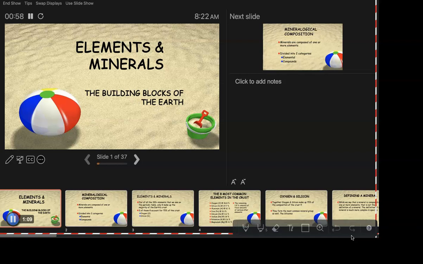So, reflecting back on, I guess it was the atomic review PowerPoint that we did a while back, the big question at the end was, why did you use my time to talk about this stuff? And I said, well, of course, we're studying the Earth, and the Earth is full of elements, whether you're looking at the atmosphere or the rocks itself.